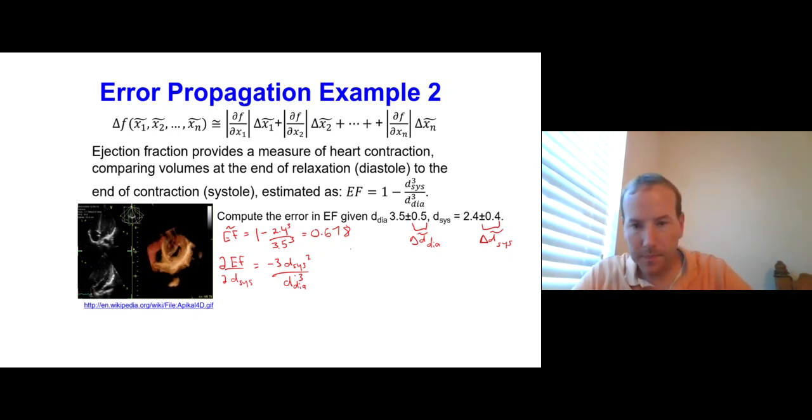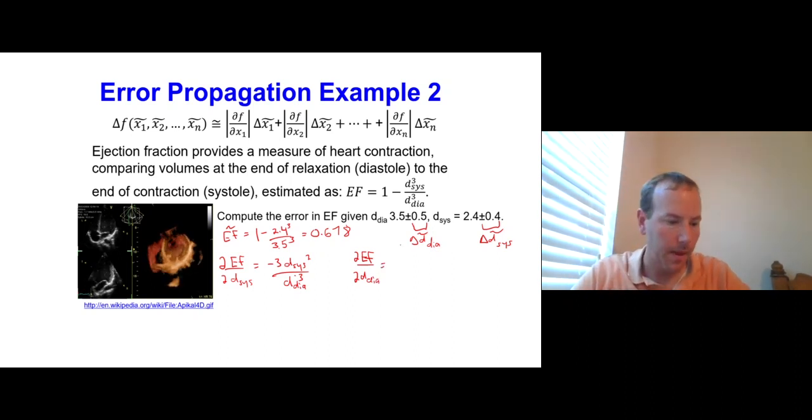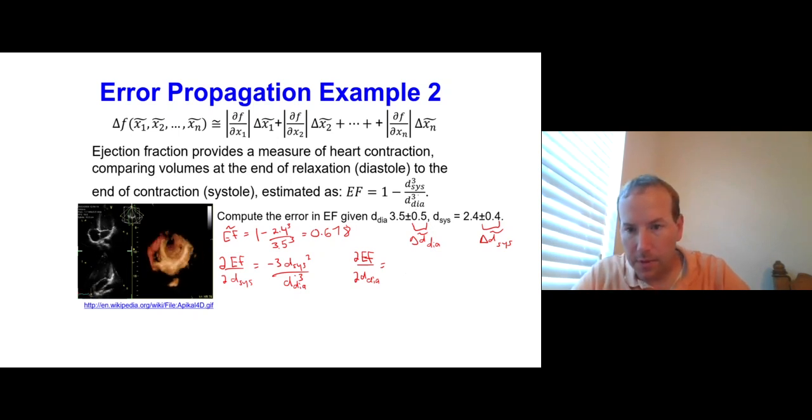In the other term, we need to take the derivative with respect to the diastolic dimension. If you take the derivative of this function right here with respect to the diastolic dimension, then you'll get 3 d-sys cubed.